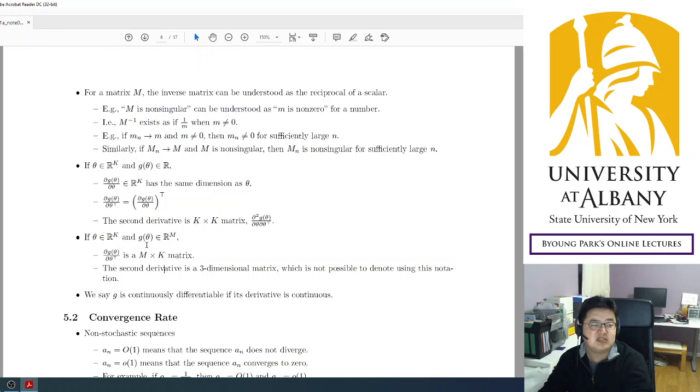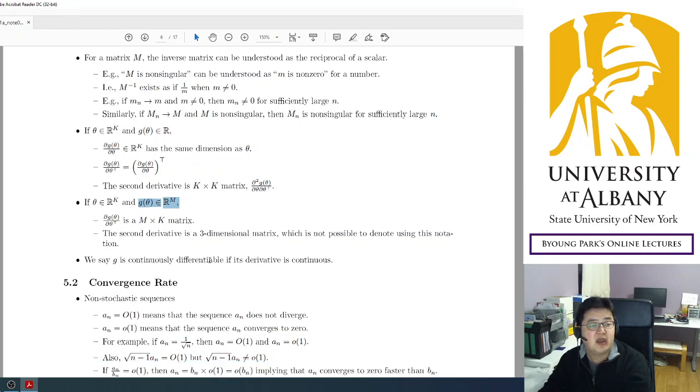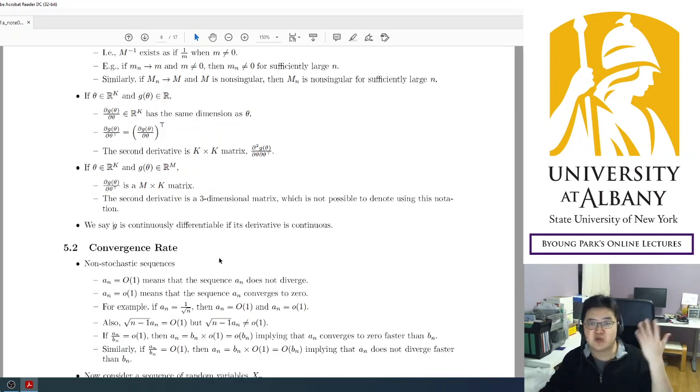In the vector function case, the second derivative requires a three-dimensional array, which is not possible here, so this notation is not convenient for second derivatives. When we say a function is continuously differentiable, it means the function is differentiable everywhere, and the derivative is continuous, right? Okay, that's a simple notation overview for vectors, matrices, and calculus.